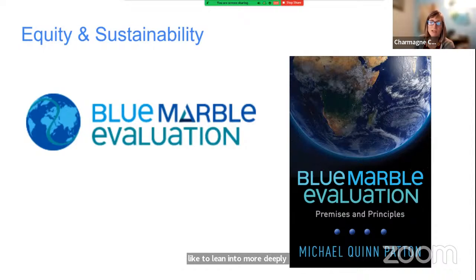So we wanted to return to this idea of when you think about purpose, equity and sustainability can be an explicit purpose or more of an underlying contextual thing that's paid attention to no matter the purpose. And in Blue Marble evaluation, that's really the call, that every evaluation should have a focus on equity and sustainability.